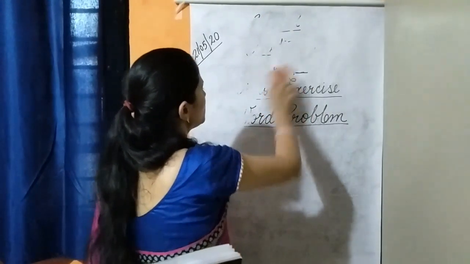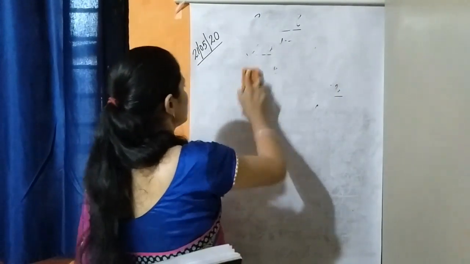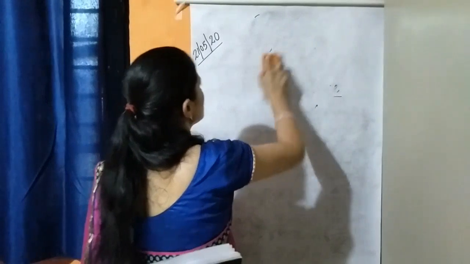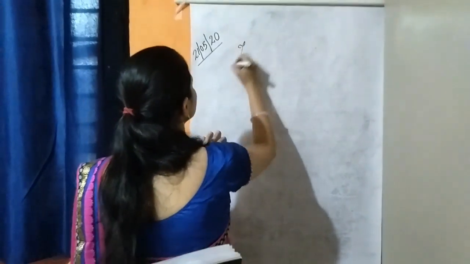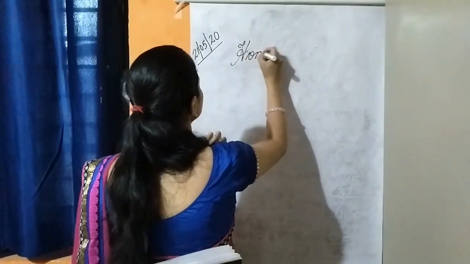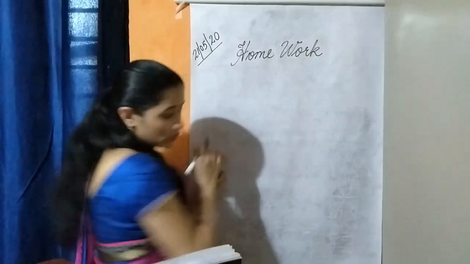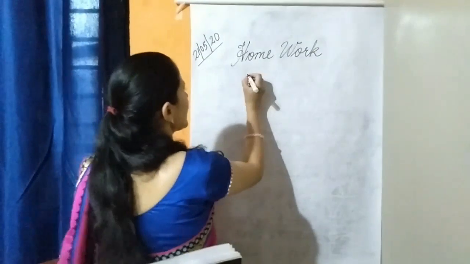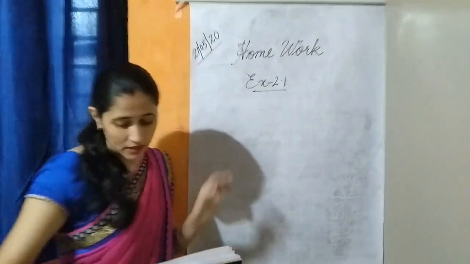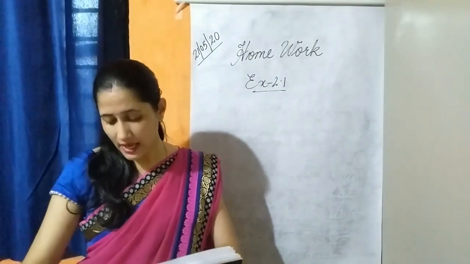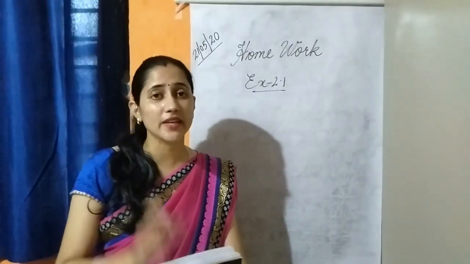Now students, your homework for today. So your homework for today is exercise 2.1. Exercise 2.1. Add the following. This add the following is given on page number 35 and 36.